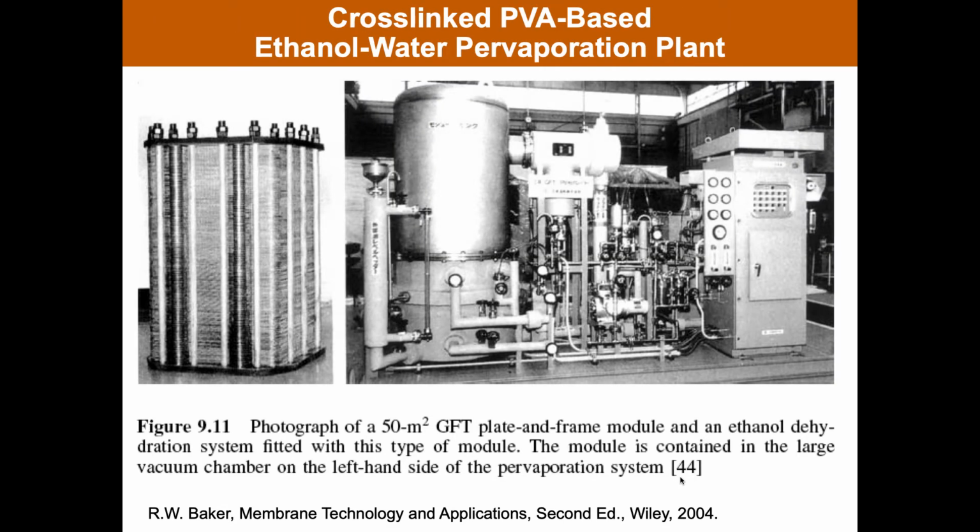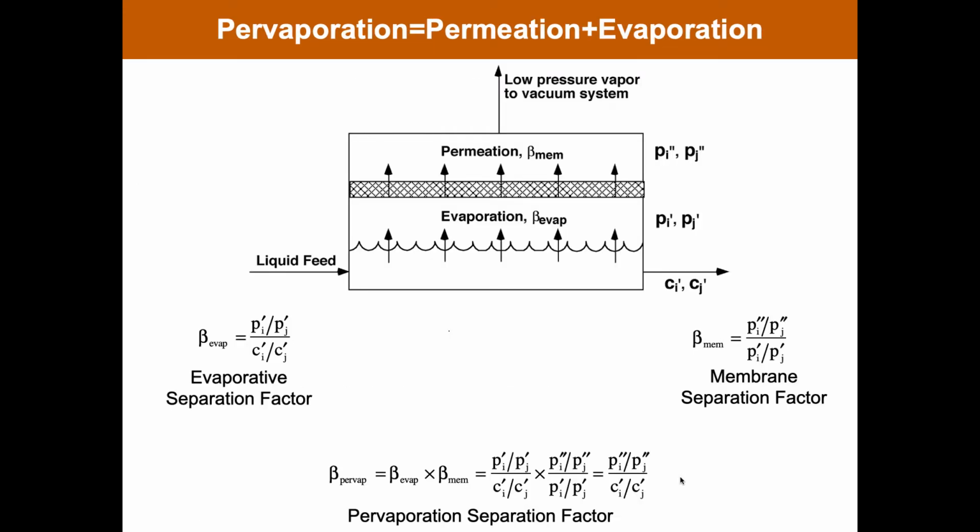This is an early version of a plate and frame membrane system that's used for ethanol water pervaporation. The membranes sit in here, and so I thought I'd show you just a couple pictures of these systems.